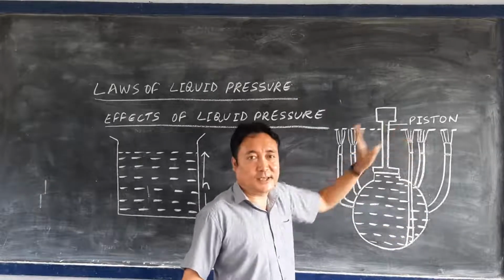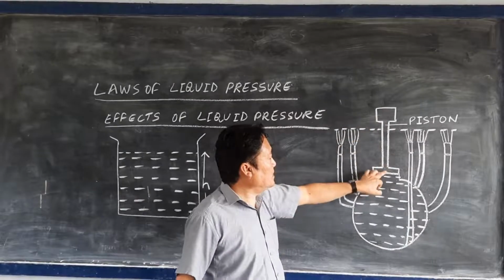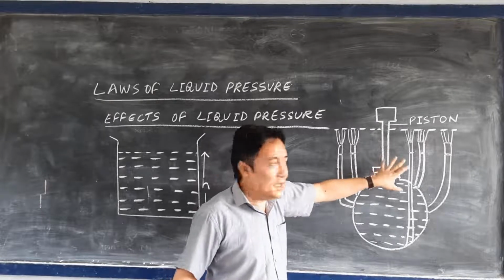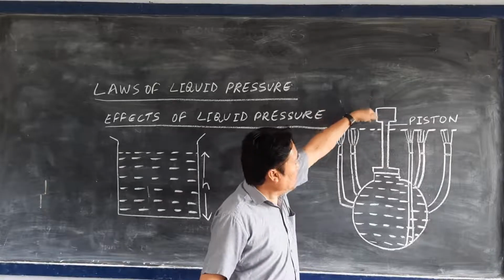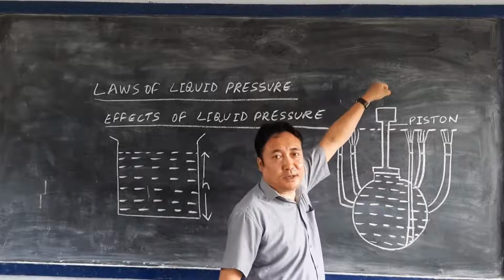There is a piston fitted with the neck of the flask, and this piston can move up and down. You can press the piston downwards, or you can bring it up.